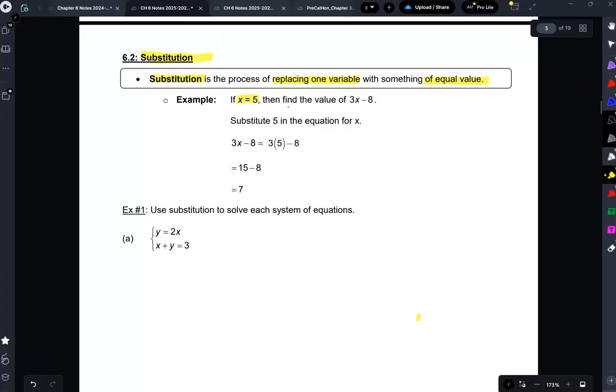And we want to find the value of 3x minus 8. So I know that x is equal to 5, right? Those two things are the same. That means I can substitute the 5 in the equation. So here, 3x minus 8 becomes 3 times 5 minus 8. Took out the x, put in the 5. And then I can solve, and I can get that that's equal to 7.